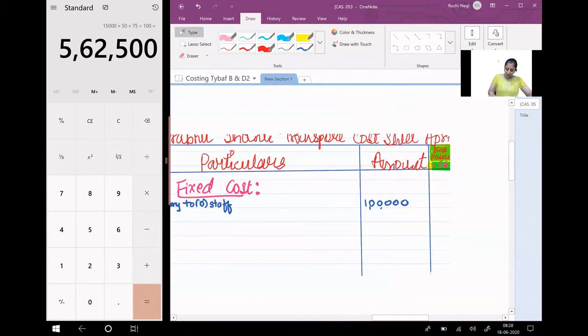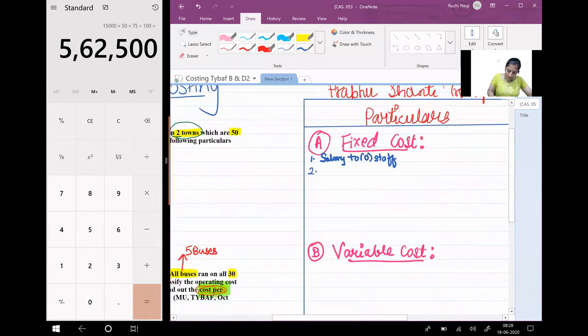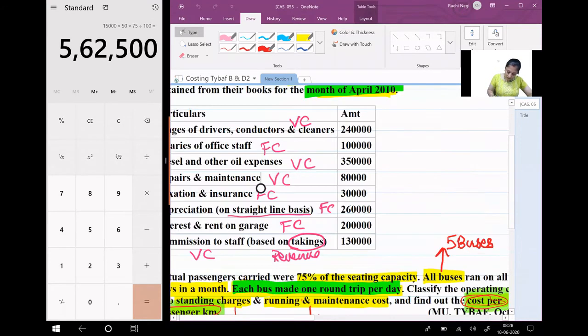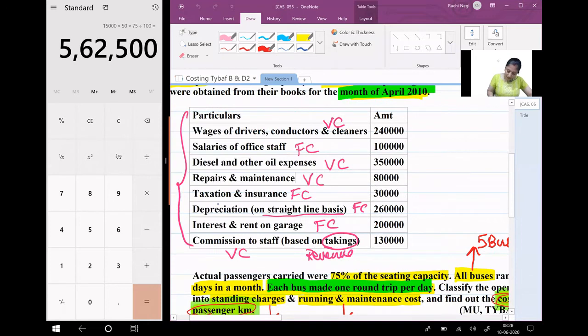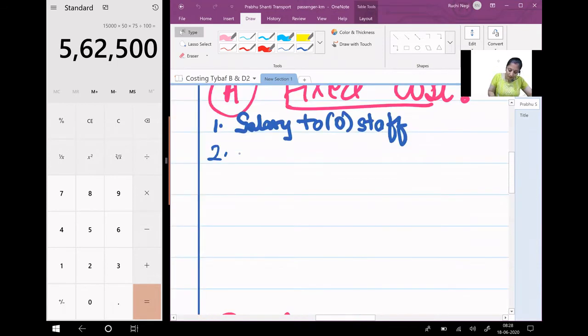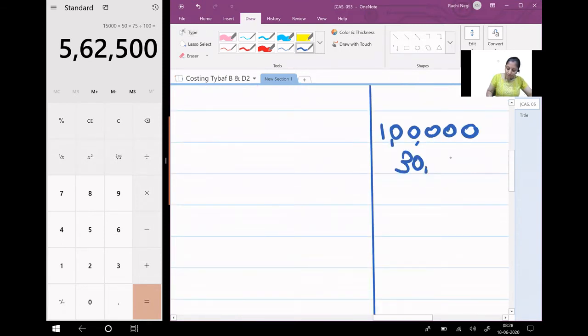Next, the second one: taxation is how much? 30,000. So write it here: tax and insurance 30,000. Okay. Next.